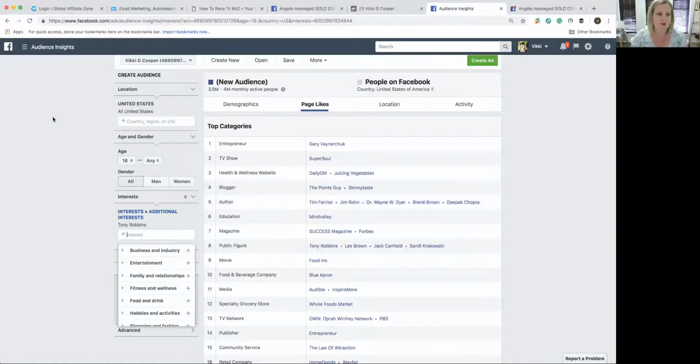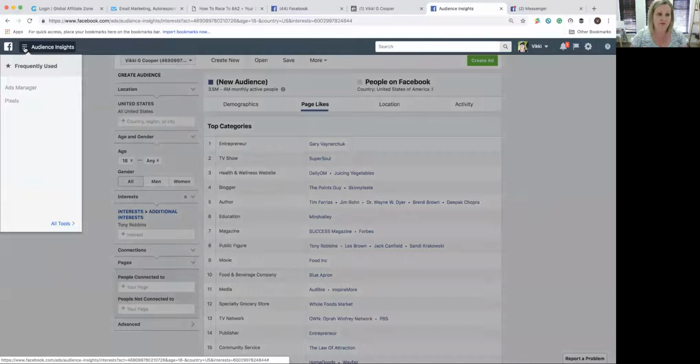Beautiful. Okay, so what you need to do to find this is, if you're in your ad manager, you click up here to the little 3 lines at the top, if you're not already in there.